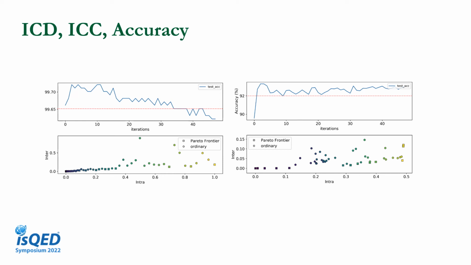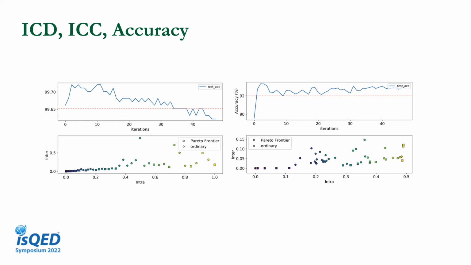Now the question is, out of all of these 50 iterations, which iteration leads to the best model accuracy and resilience? To answer this question, we draw the figures on the second row that show the relationship between ICC and ICD for each iteration.